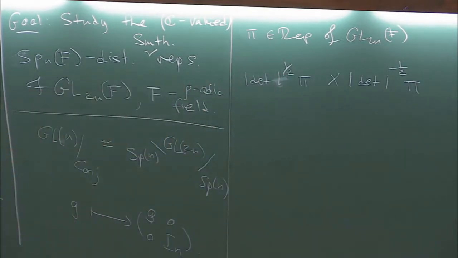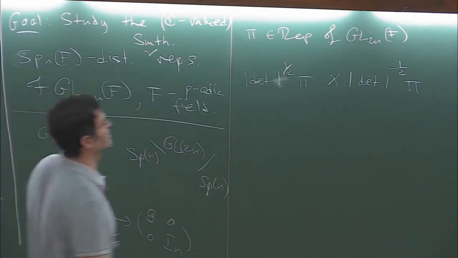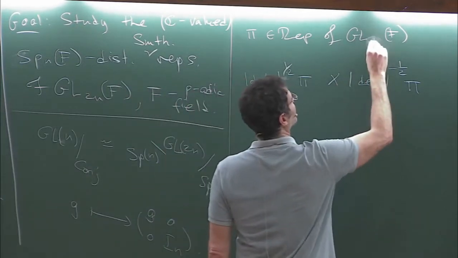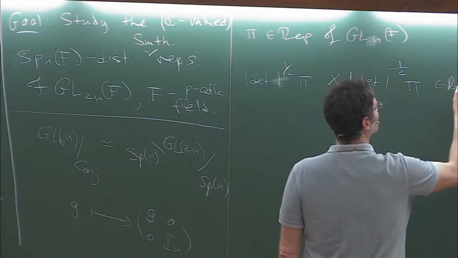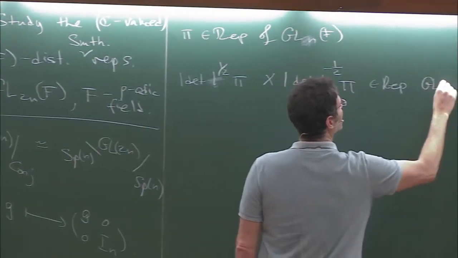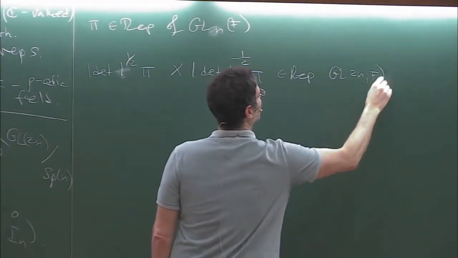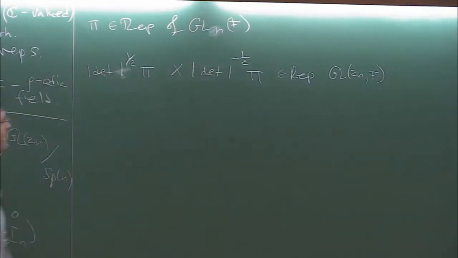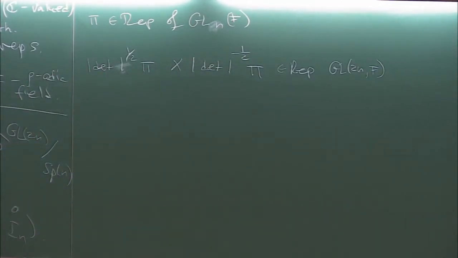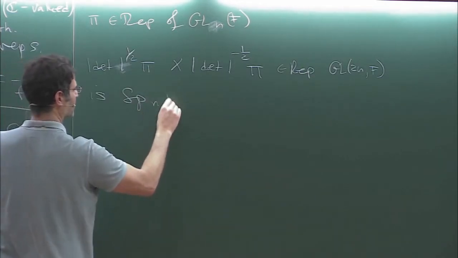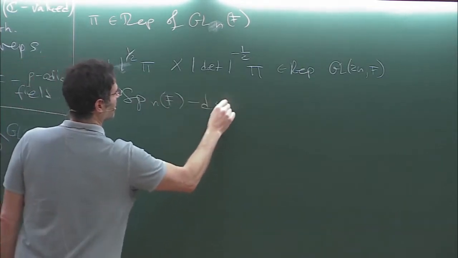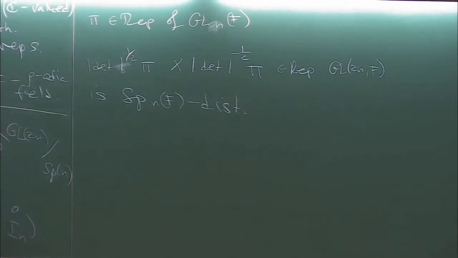So if pi is a representation of GLN, then this induced representation is a representation of GL2N, and it is SPN distinguished.